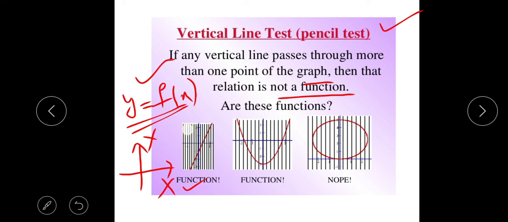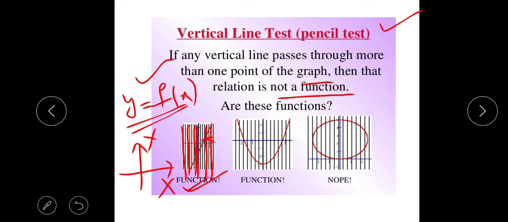You draw vertical lines through this xy plane, and check how many points our straight line intersects these vertical lines. If it intersects them at only one point, then such relations, such pictures, are functions.